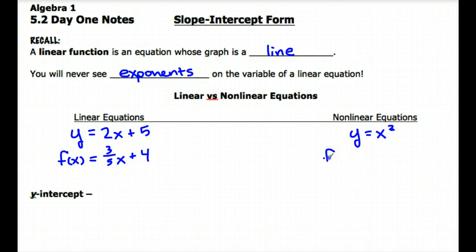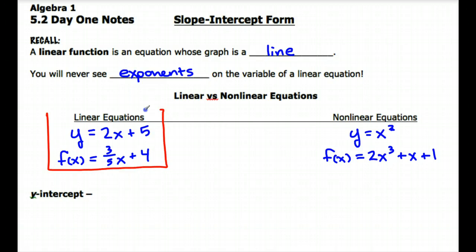But if you had an equation like this, f of x equals 2x cubed plus x plus 1, that would be nonlinear, again, because you've got that exponent there on the x cubed. Okay, so that's just a review of how you tell whether an equation is linear versus nonlinear in the first place. And again, as I've been saying, this entire unit is going to be devoted to the linear functions, and we're going to be focusing on those for this unit.